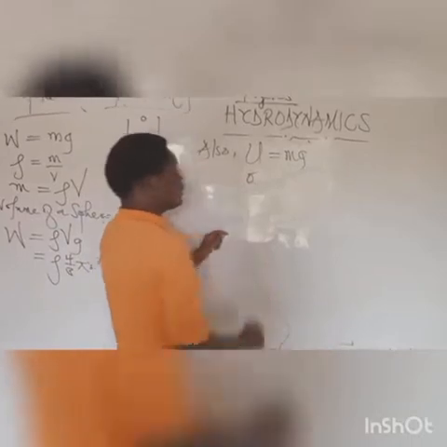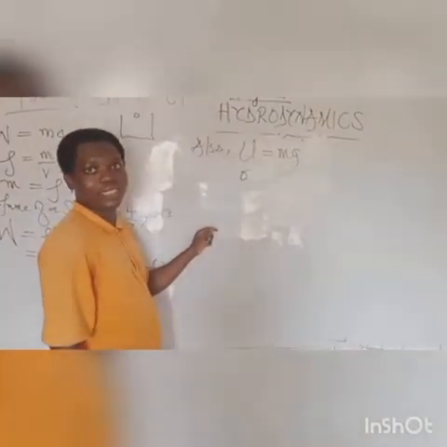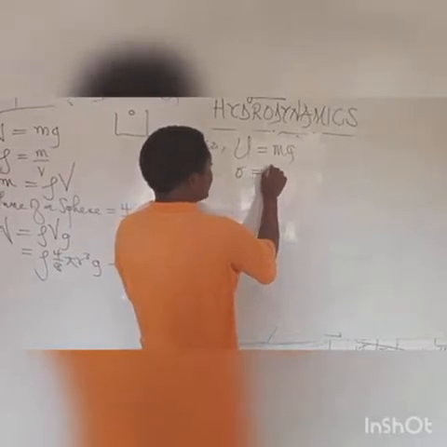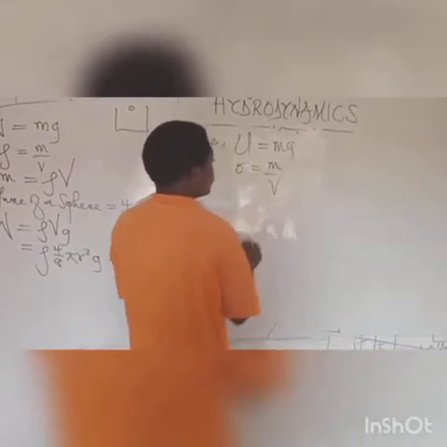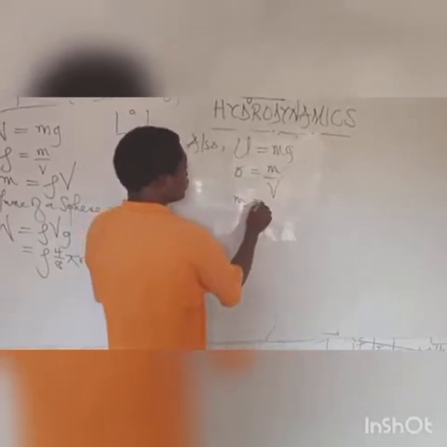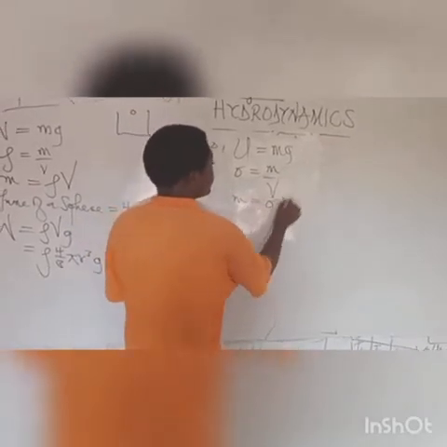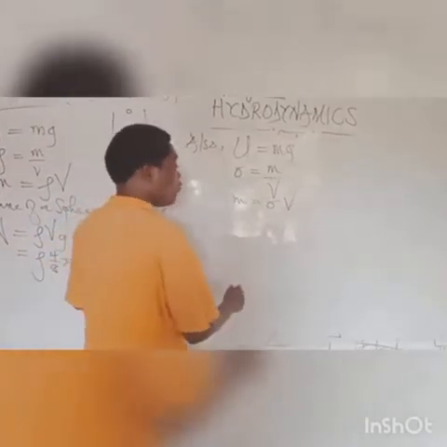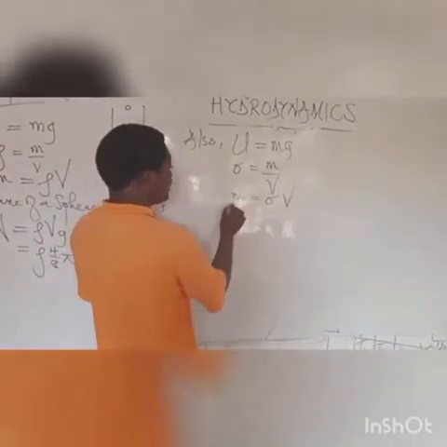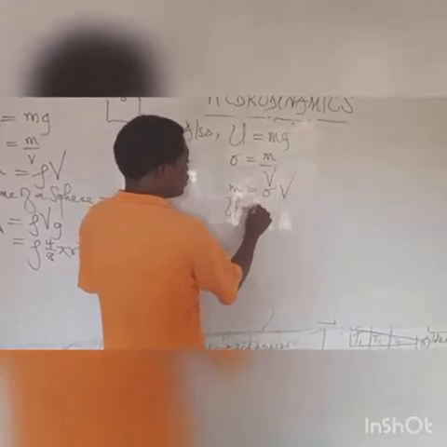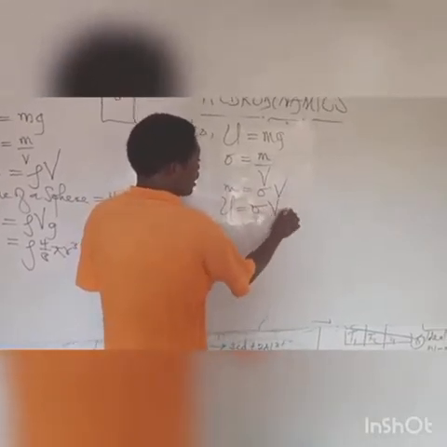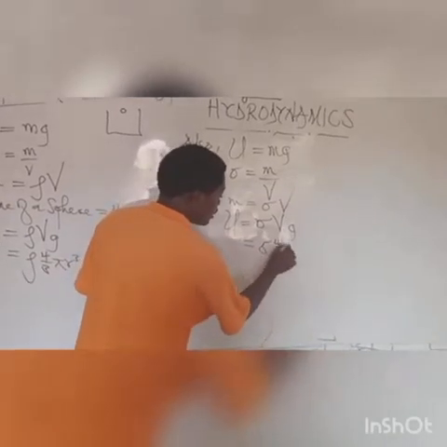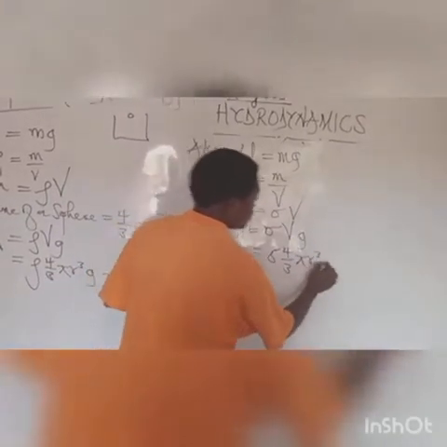This time, we use sigma to represent the density of the fluid, and that is equal to mass over volume. From there, mass is equal to density times volume. The volume of a sphere is equal to 4 over 3 pi r cubed. Putting it inside, we get U equals density times volume times g. From there, we have sigma times 4 over 3 pi r cubed g.